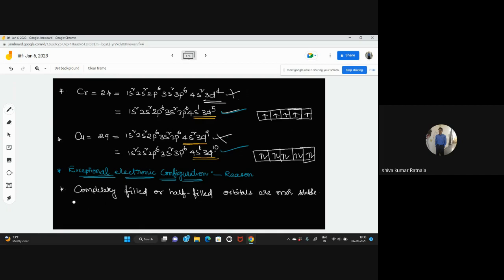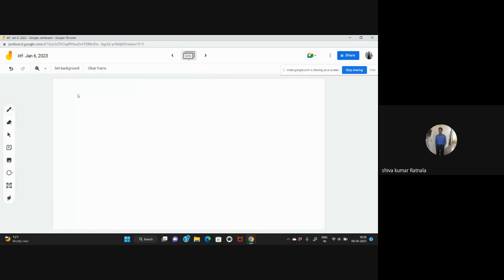The examples we have taken are d5 and d10. Why more stable? There are two reasons for this. First one: symmetry.